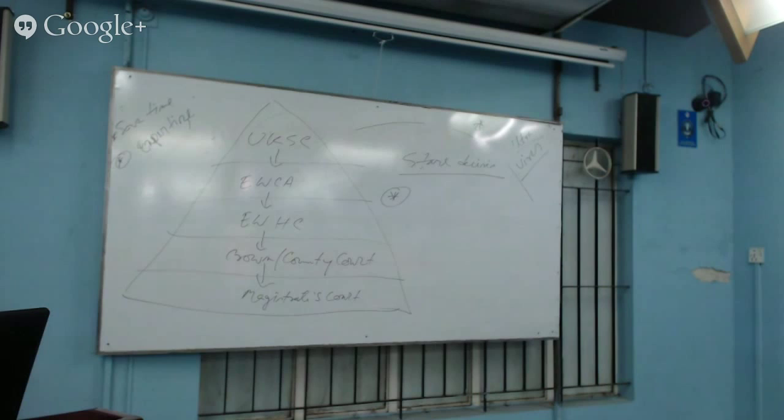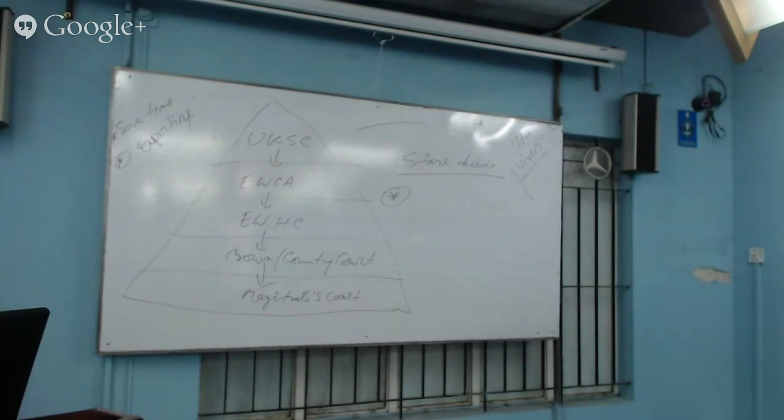Okay, let's move to question number 8. Explain the practice of precedent of the UKSC in light of the Practice Statement 1966. Before 1966, read the question. What is the question asking you to do?